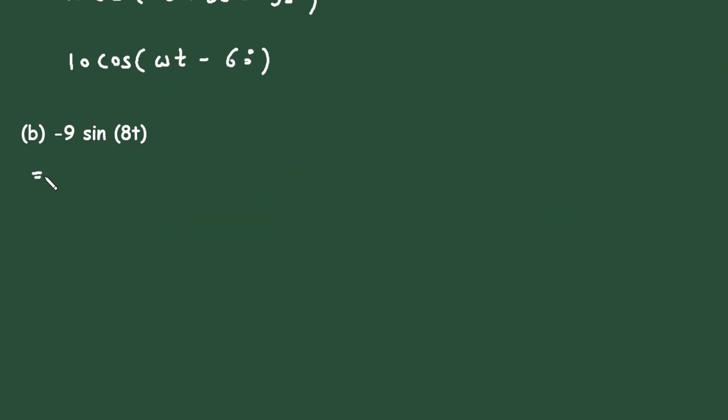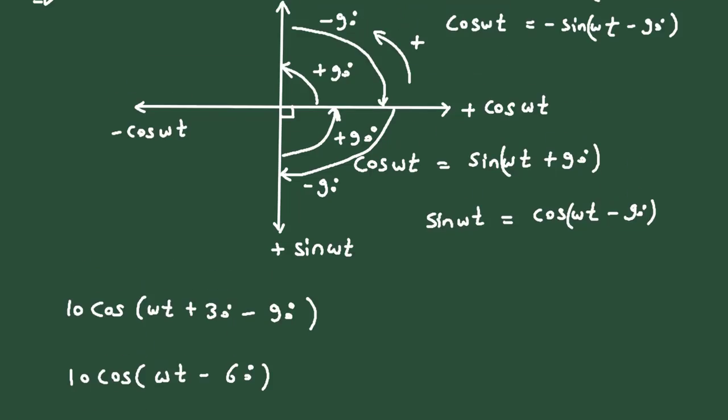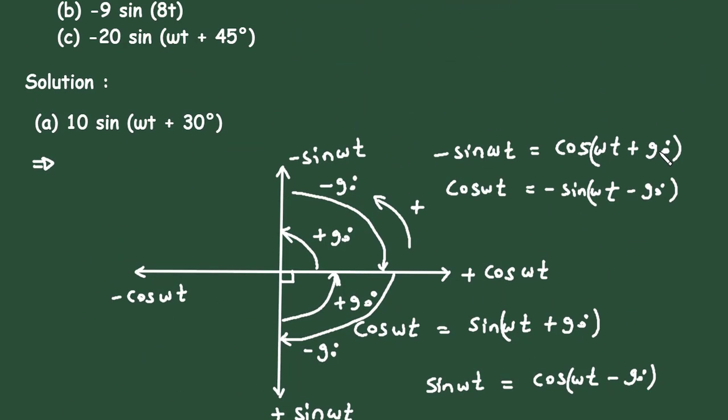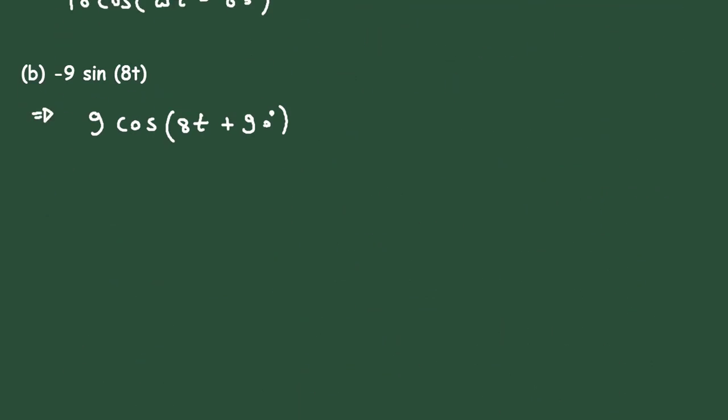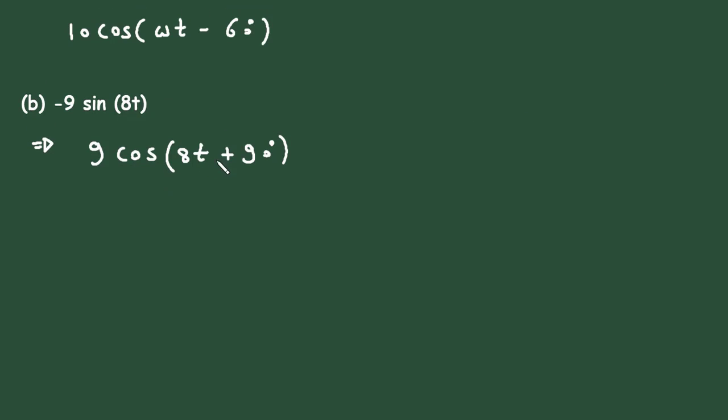Now this minus sine will change to plus cos, and this 8t will be as it is. Just we have to add 90 degree to it. So it will become cos. So this will be the final answer for this.